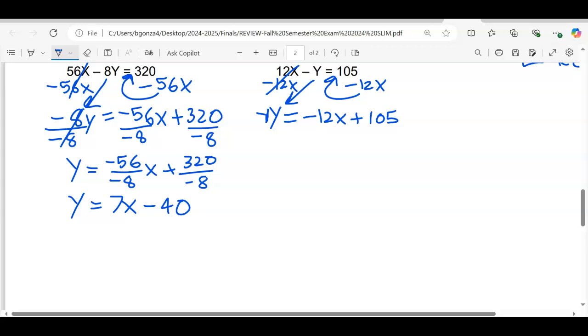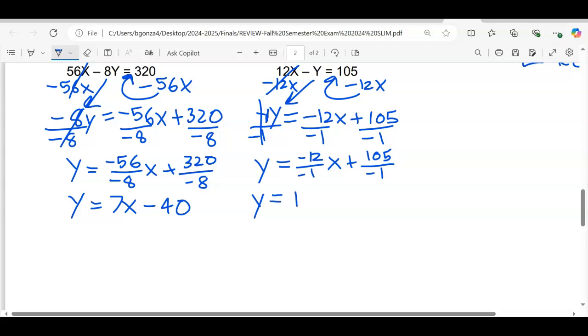So I need to get rid of it by dividing by negative 1, all the way. So I get y equals negative 12 over negative 1x plus 105 divided by negative 1. And if I take that into Desmos, negative 12 divided by negative 1 is just 12. 105 divided by -1 is -105.